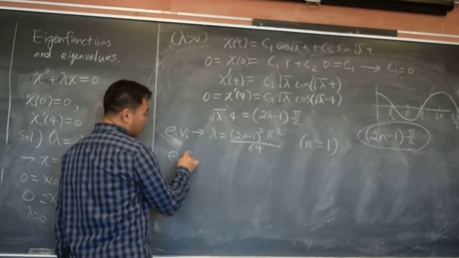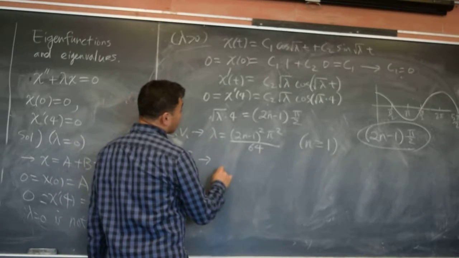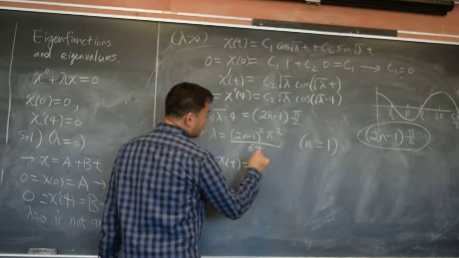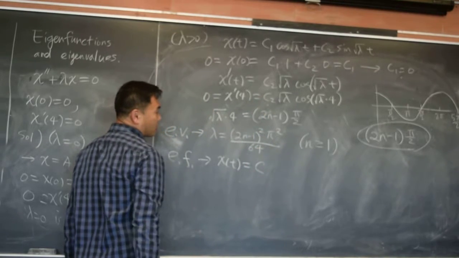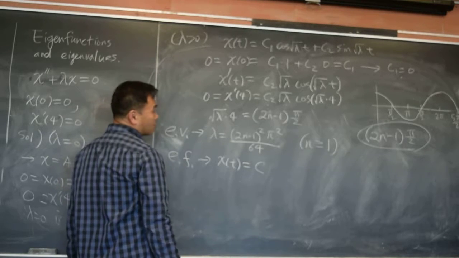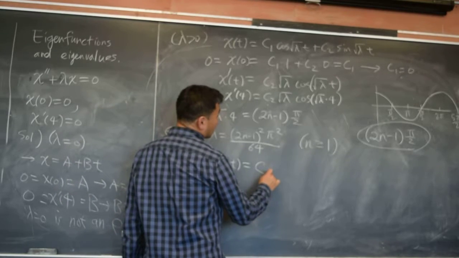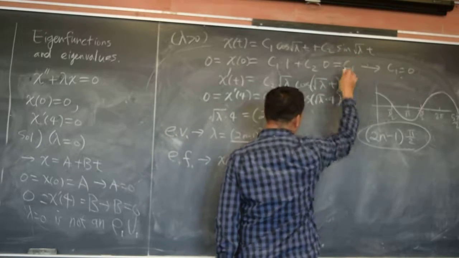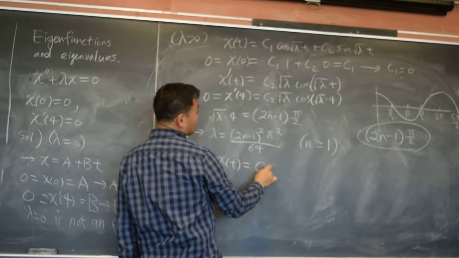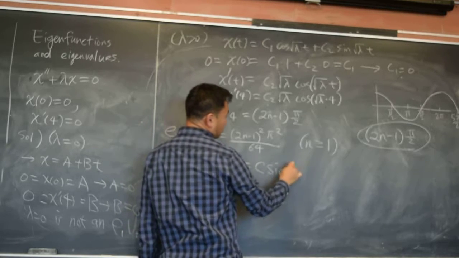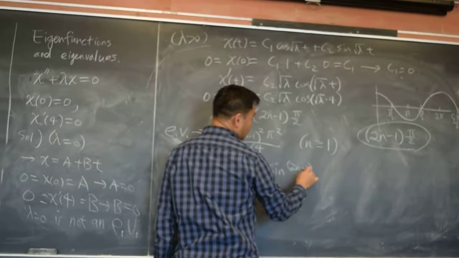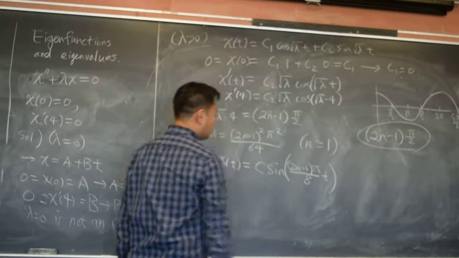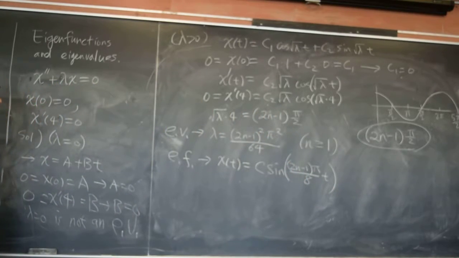Your eigenfunctions are x of t equals some constant, instead of writing c2, times sine of (2n minus 1) pi t over 8. Those are your eigenfunctions.